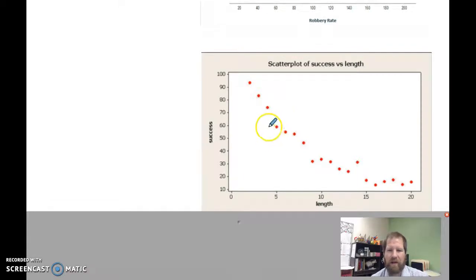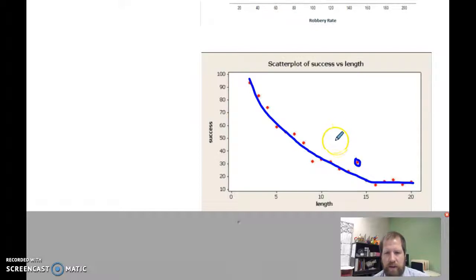Now, with outliers, we actually might be able to argue that this right here is an outlier, because these all look like they'd be pretty close to a curve, right, coming down about like that. This one's off a little bit, but pretty much all of these are almost right on our line, except for this guy. So I would say this is probably an outlier for us. Okay?